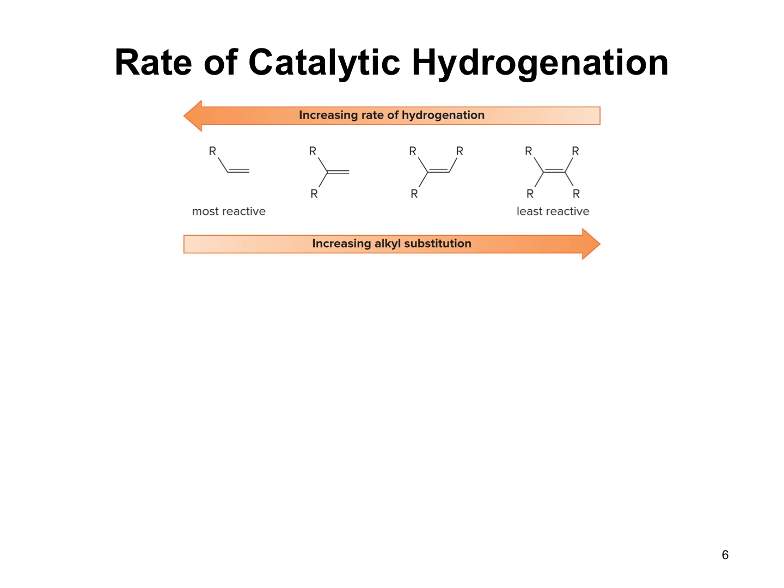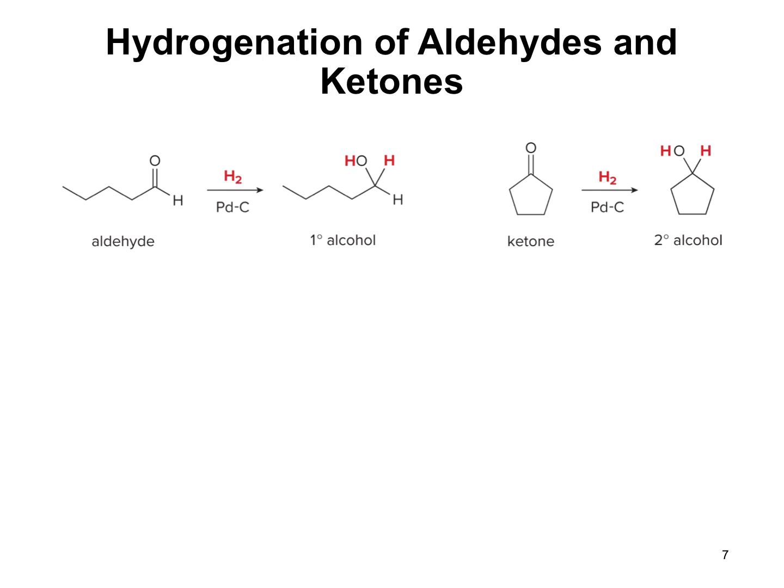Now, maybe the burning question in your heart is, can other double bonds besides alkenes and alkynes be reduced by H2? And the answer is they can. So compounds with carbonyl groups like aldehydes and ketones can also be reduced here. An aldehyde is reduced to a primary alcohol, and a ketone is reduced to a secondary alcohol there.